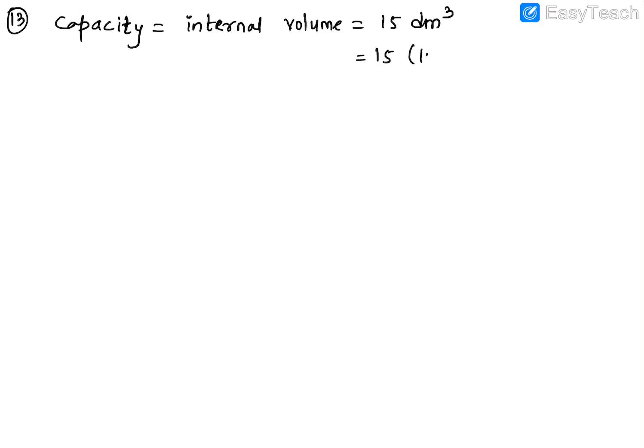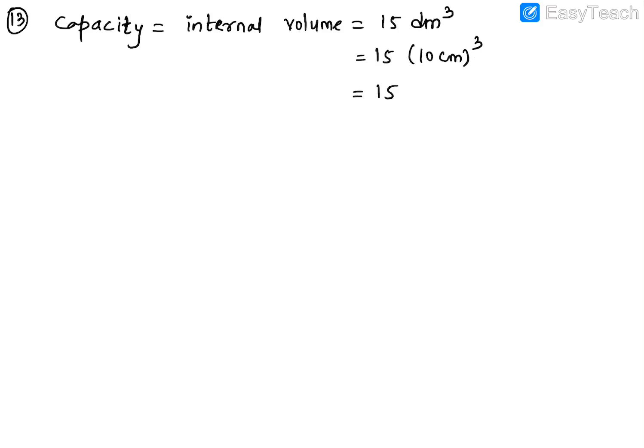It's just that instead of volume, they have given capacity. So capacity of a cube means internal volume, which is equal to 15 decimeter cube. Now a decimeter is how many centimeter? 10 centimeter.